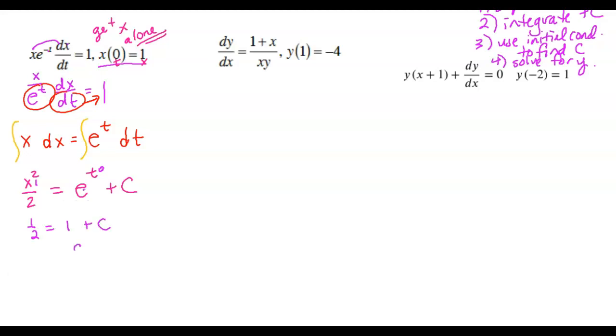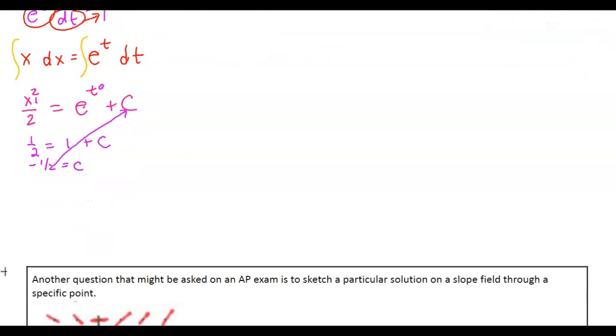So subtract 1, and so c equals negative 1/2. And that's our constant of integration. So we're going to plug that in back for c. So we get x squared over 2 equals e to the t minus 1/2. And so now when I go to multiply by things, I don't just have a generic constant, and so it will change the value. Okay?